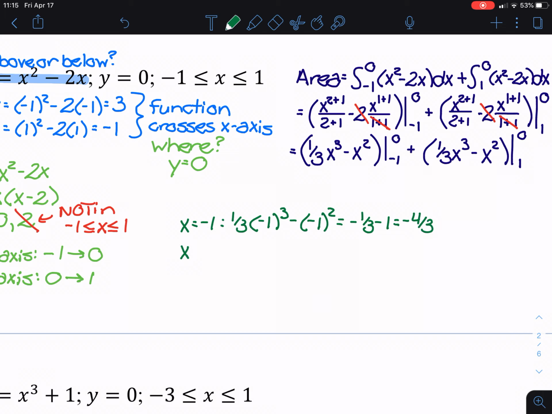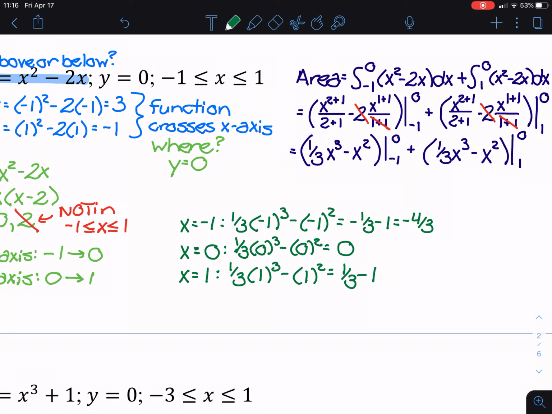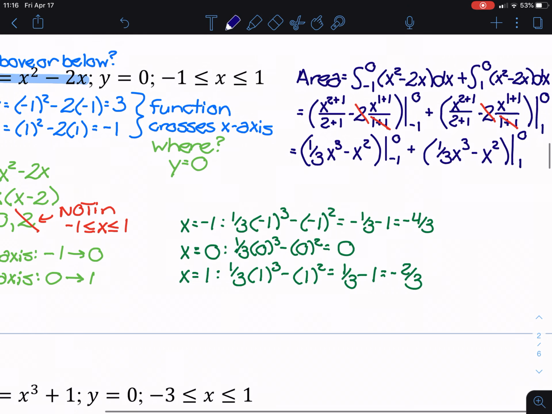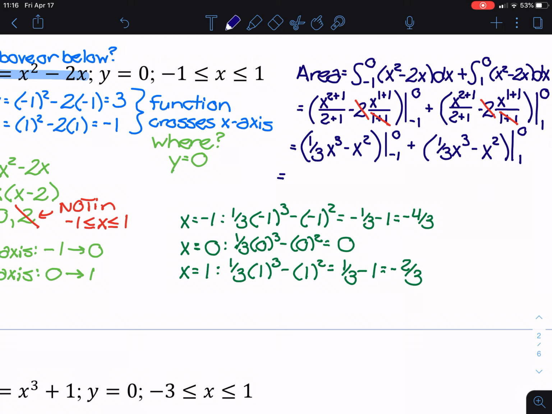When x is equal to 0, I have 1/3 times 0 cubed minus 0 squared, and that's just equal to 0. And then when x is equal to 1, I have 1/3 times 1 cubed minus 1 squared, and that is going to equal 1/3 minus 1, which will equal -2/3.